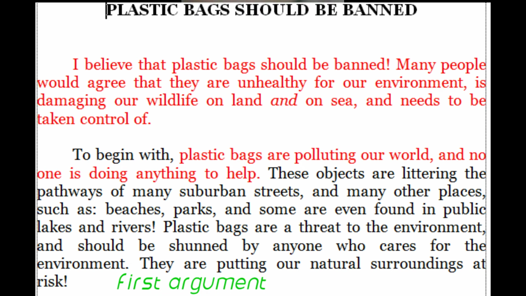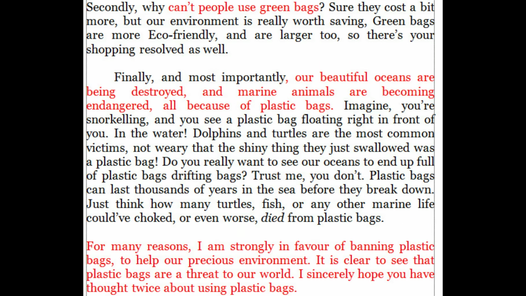In this paragraph the writer also gives evidence, elaborating the argument. For example, he says that there is a lot of littering in pathways, suburban streets, and many other places.